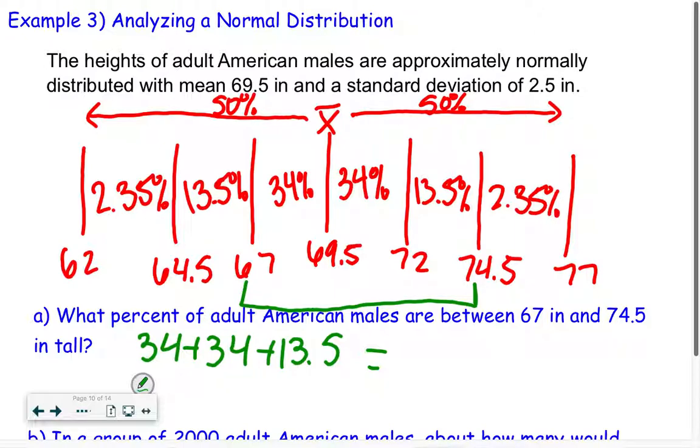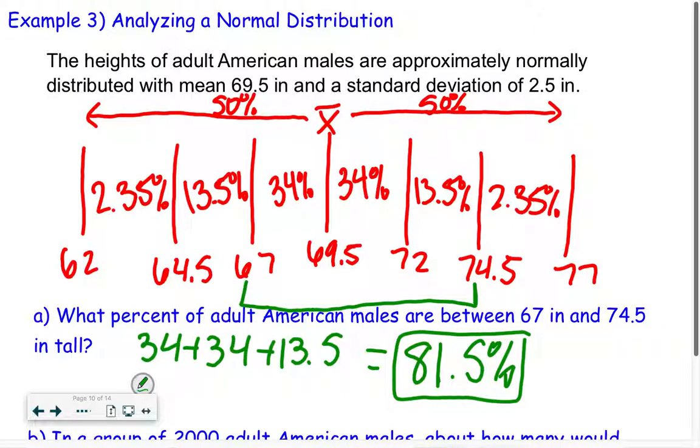Gotta check that. 81.5. It's okay, Molly. I like the try, especially with mental math. Okay.